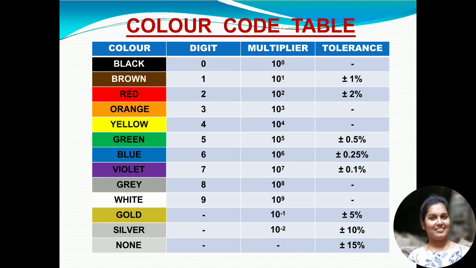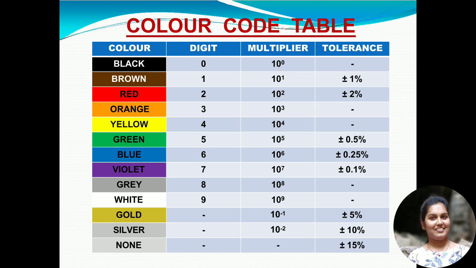For example, if we have brown color as the first band and black color as the second band, then we write the first band, brown, as 1, and the second band, black, as 0. Now the value is nothing but 10.